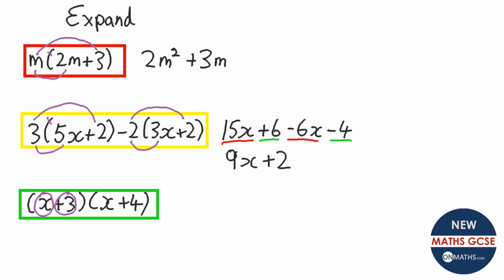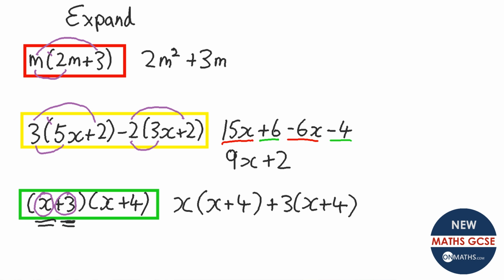So they've got to take turns. So the first thing we do is we let the x, this x here, times out the bracket. So we let that have its go. X plus 4. Then we let that plus 3 have a go. So it can multiply out the bracket.